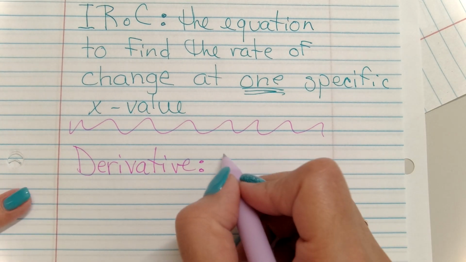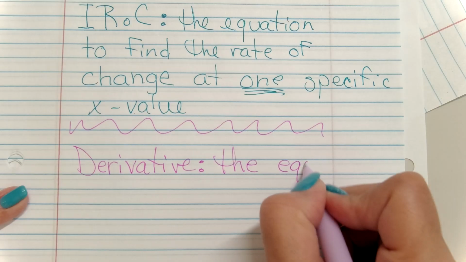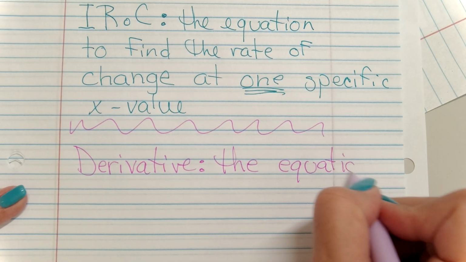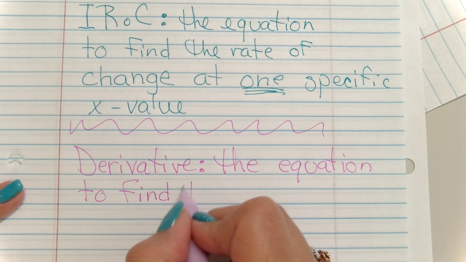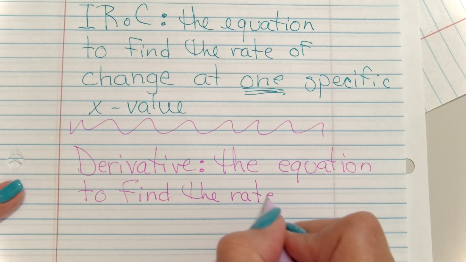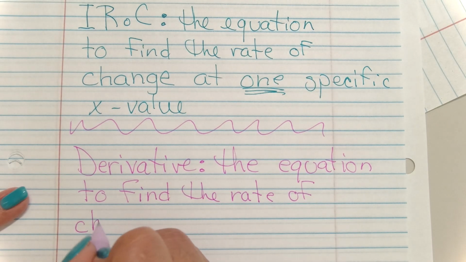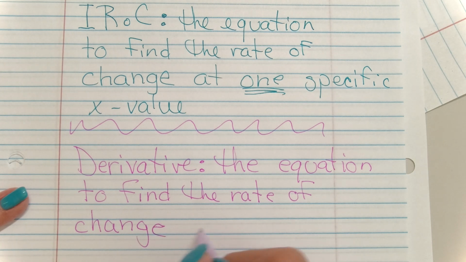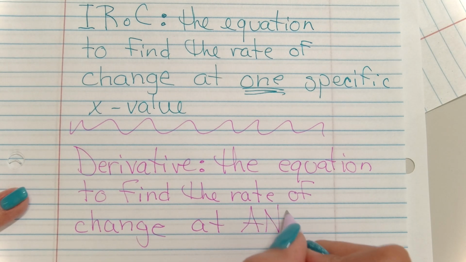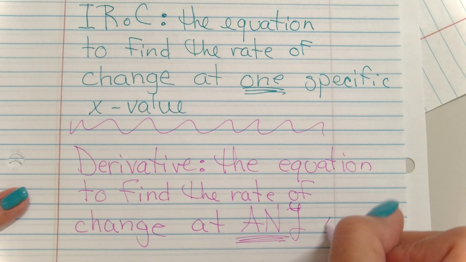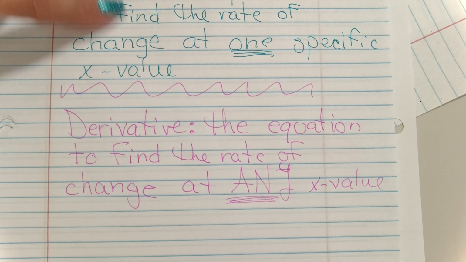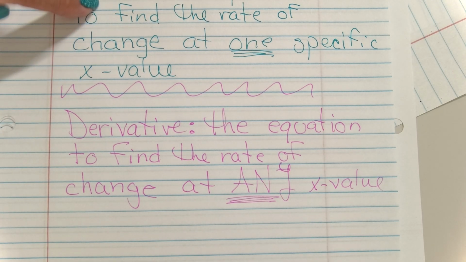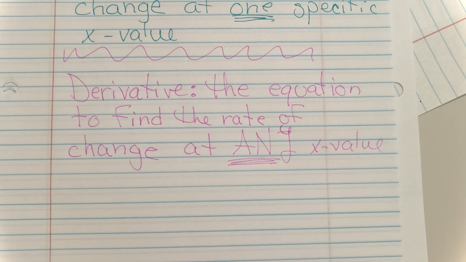A derivative is the equation, right, to find the rate of change at any x value. Everybody have this top part at least? No? Yes? Maybe so? Okay. I'm going to go there. Start now. Good? Okay.